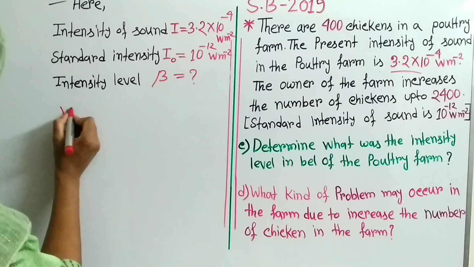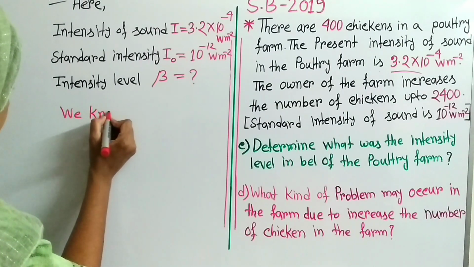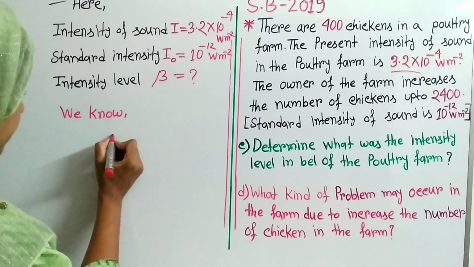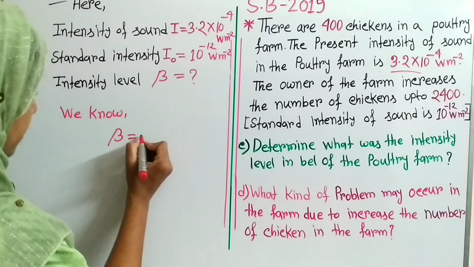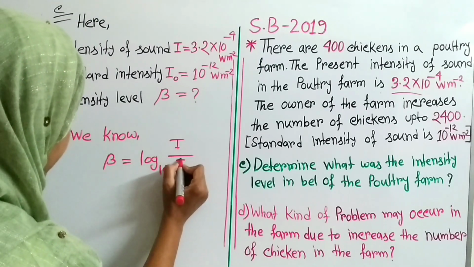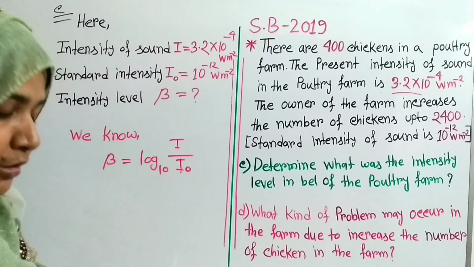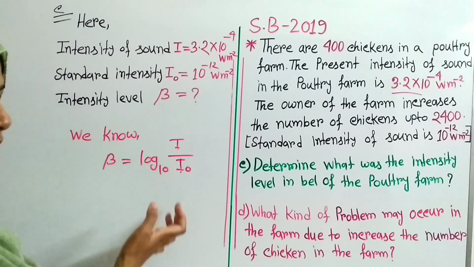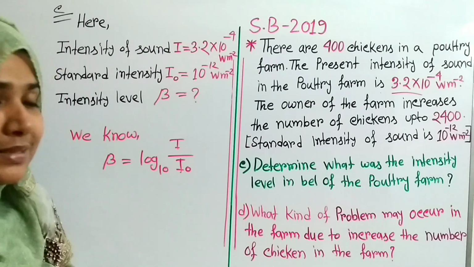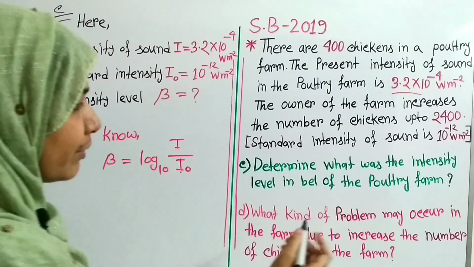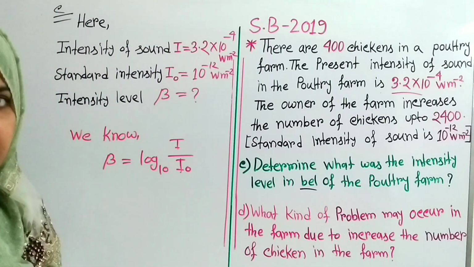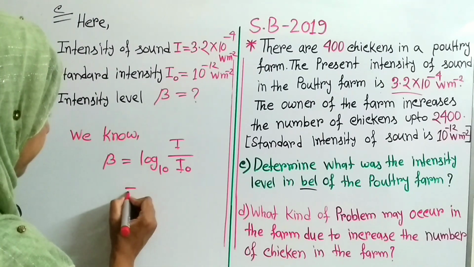Now, we know the formula to calculate the intensity level, that is beta is equal to log I by I naught. Here we usually use 10 log I by I naught, but as here we have to calculate the intensity in bel unit, so we used here only log I by I naught.